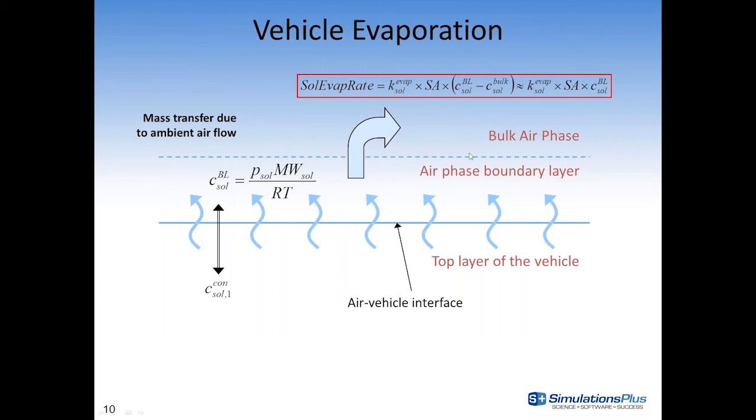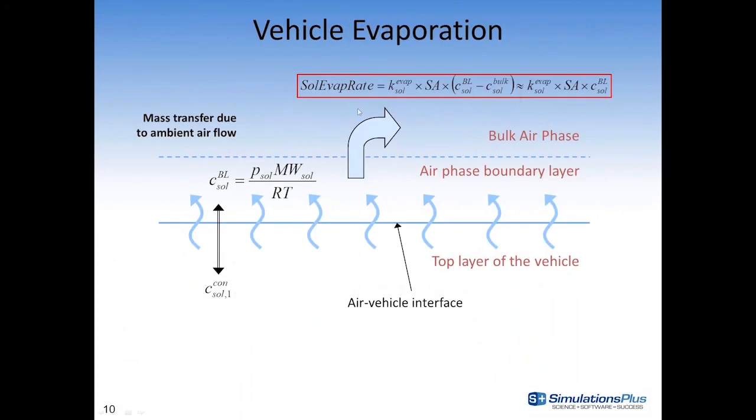Okay. So getting a little more into the nitty gritty of how some of these processes are modeled. One of the important processes is the potential evaporation of the vehicle. The way that we model this is you have the top layer of the vehicle, you have the bulk air phase, and between those you have an air phase boundary layer with a concentration that you can calculate.